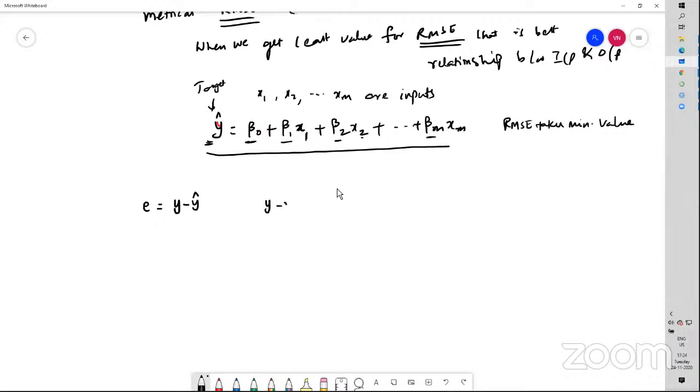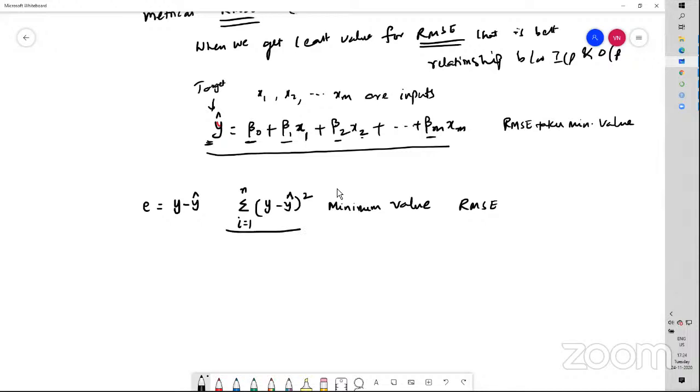So (y minus y hat) whole square is the error square. Summation. Why do we need summation? If we have to take the mean, we need to take summation. Summation over observations i equal to 1 to n should be a minimum value. Then RMSE will automatically be a minimum value.